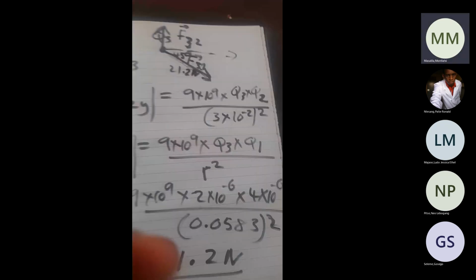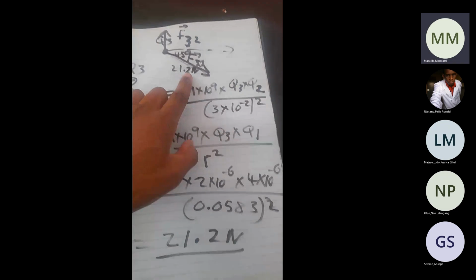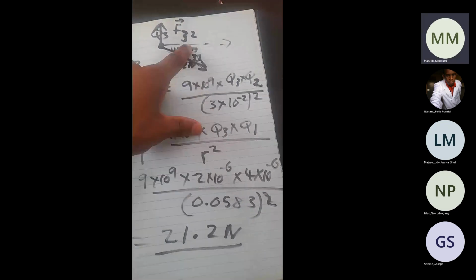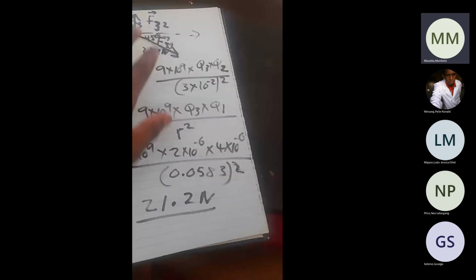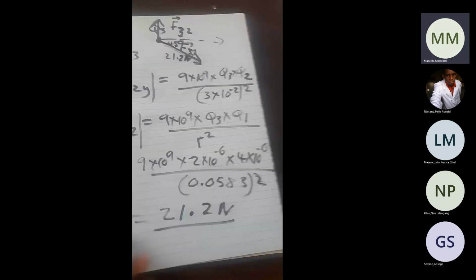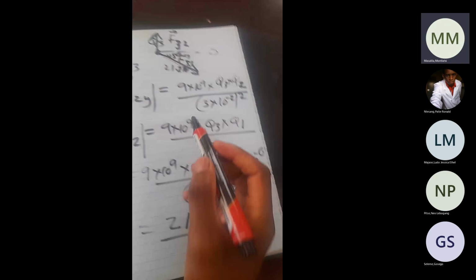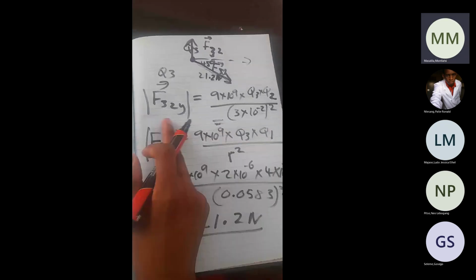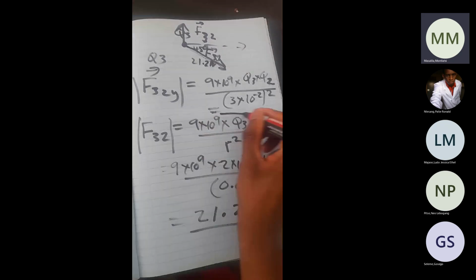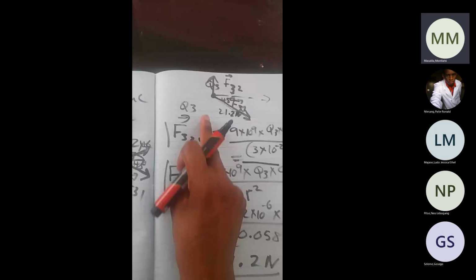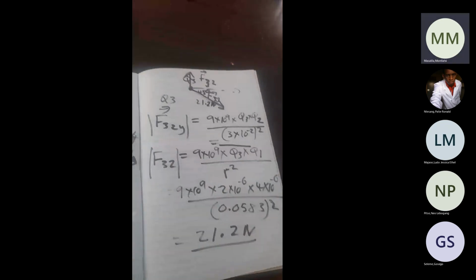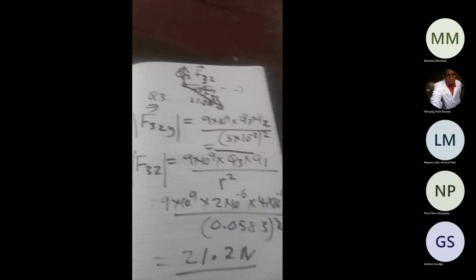So this force, 21.2 Newton, what is it in terms of the x-axis and y-axis? Let us calculate this one first, the force F32, in the y direction. And now, how does it come in the form of x and y? What the y-axis is here: it acts at an angle.